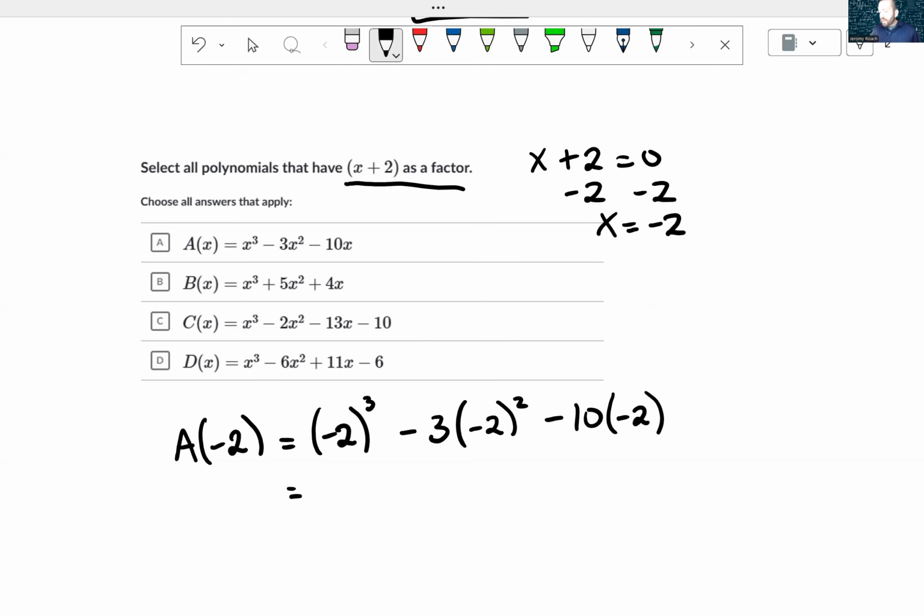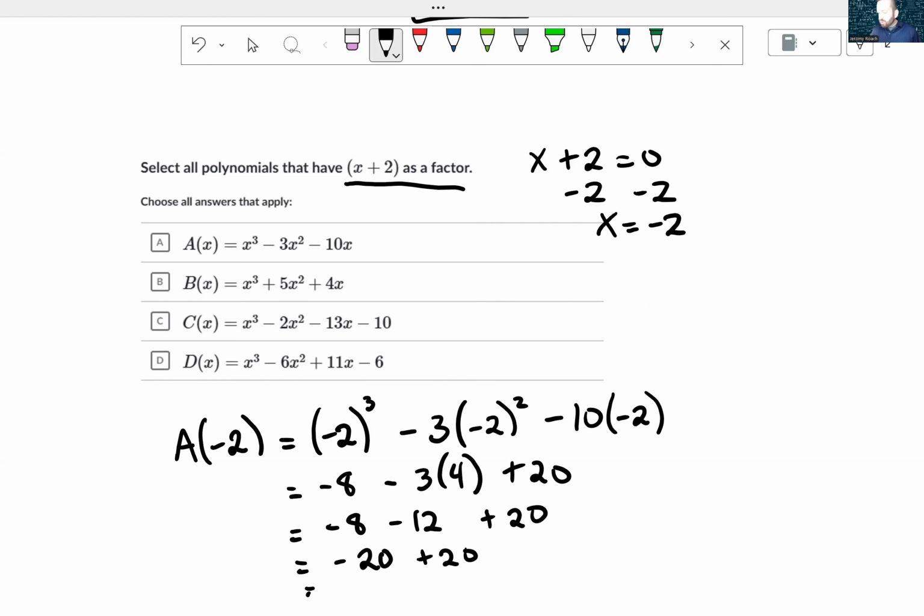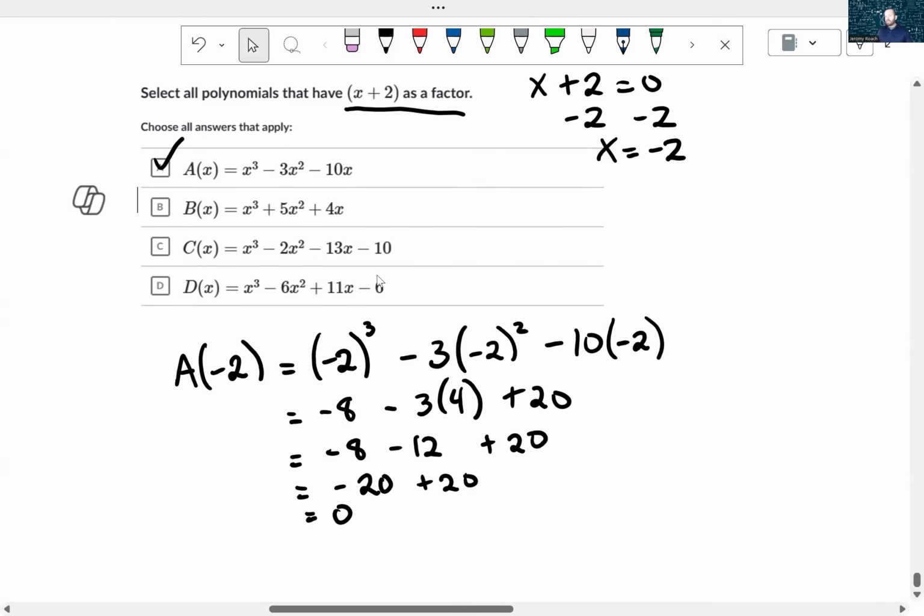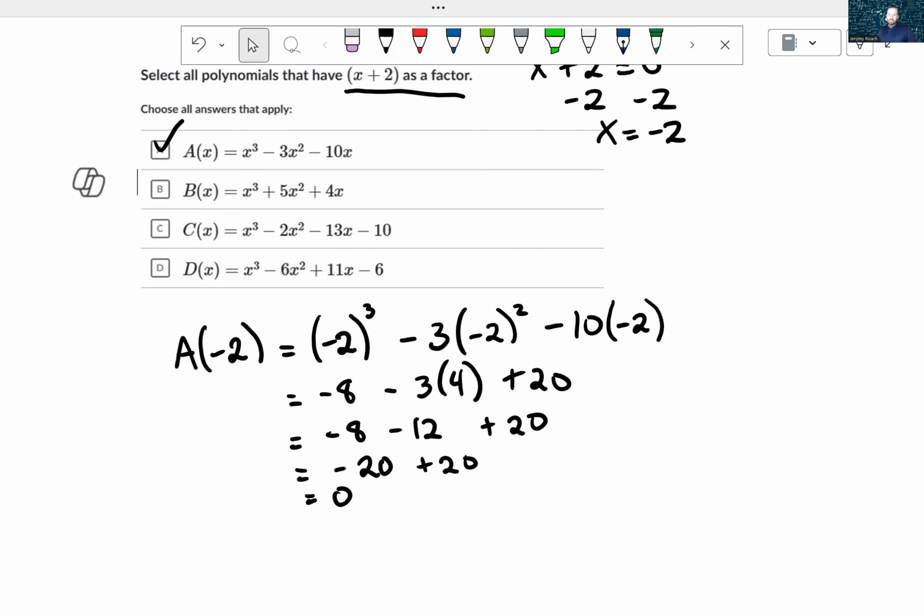So for A, we get -8 minus 3 times 4 plus 20, -8 minus 12 plus 20, -20 plus 20. For that one, we do get 0. So if we divide that by x plus 2, we'll get a remainder of 0. So that one checks out.